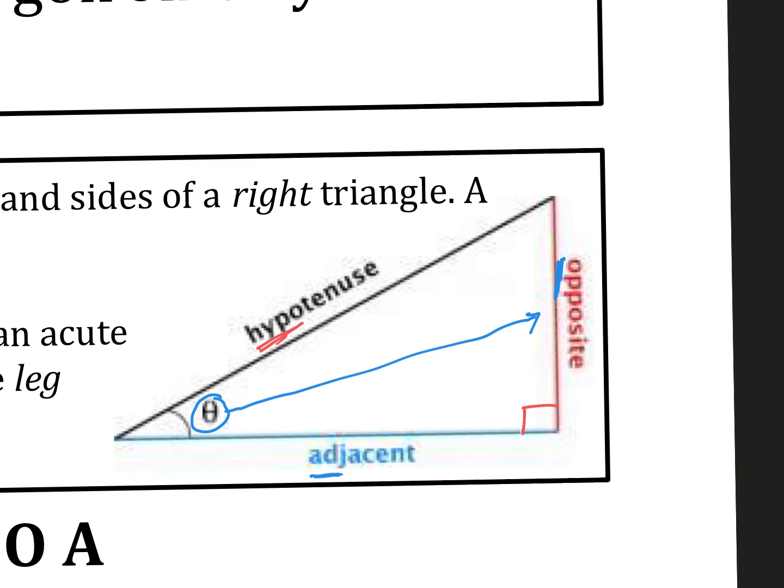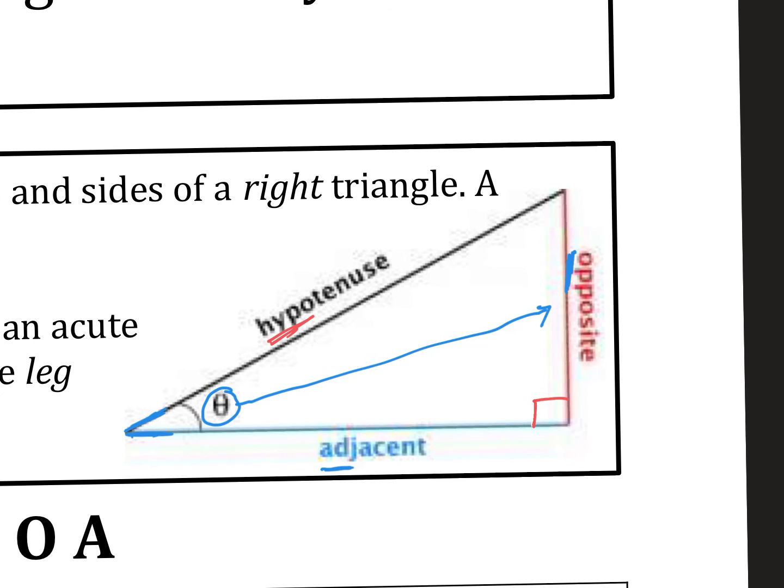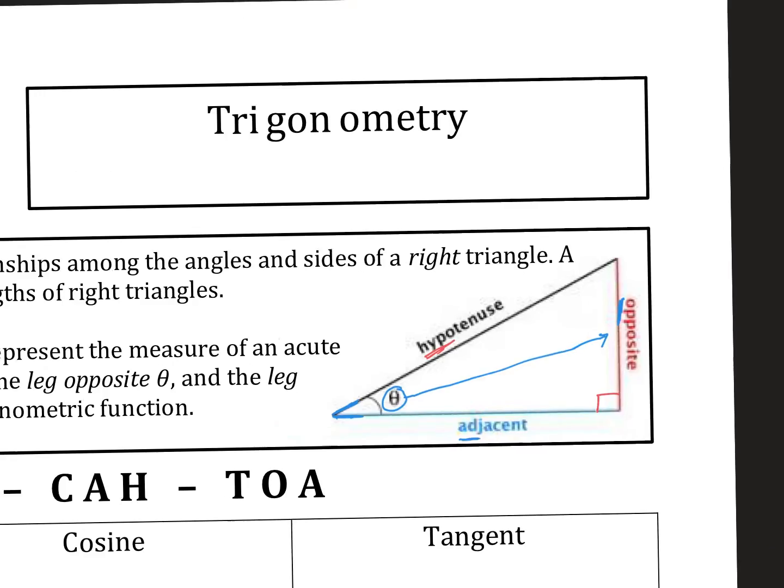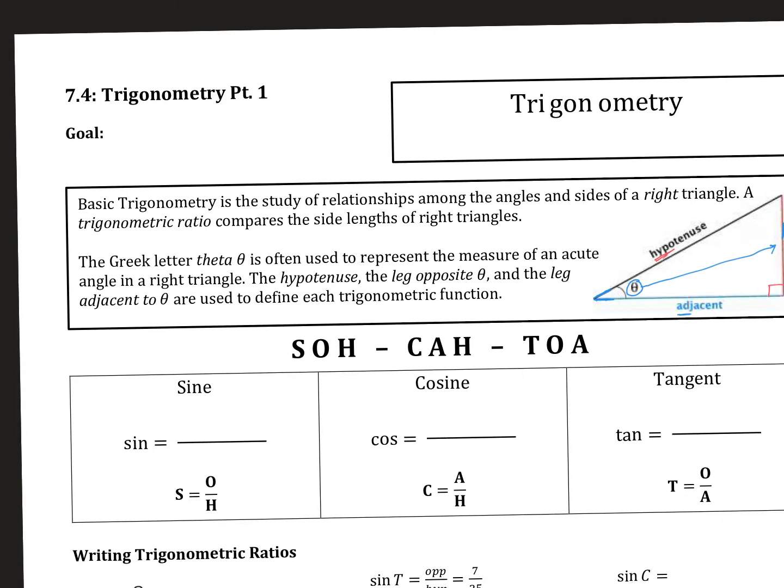Adjacent means next to. Our reference angle is always going to be created where the hypotenuse and the adjacent side meet, okay, for our reference angle. So we're going to use that opposite, adjacent, and hypotenuse to create our three trig ratios, okay?